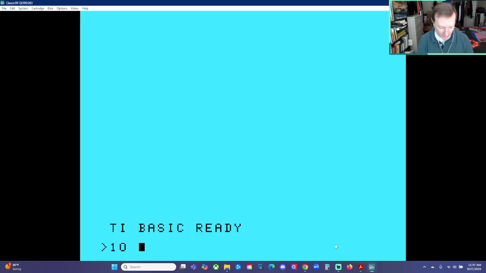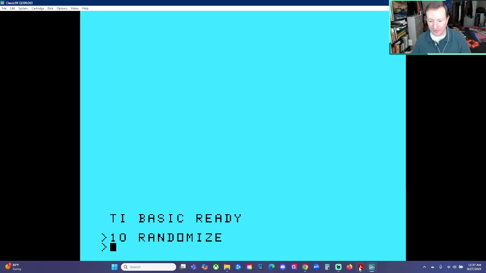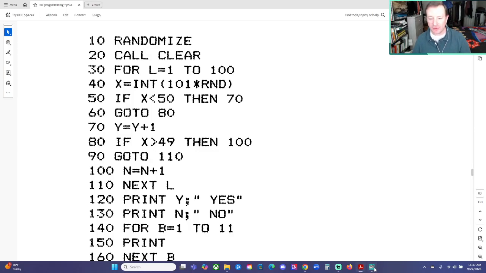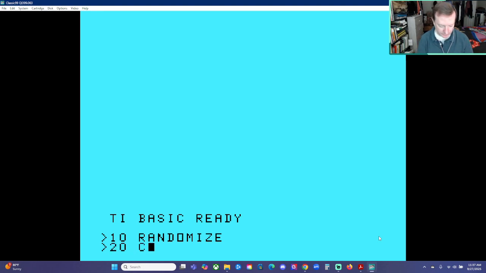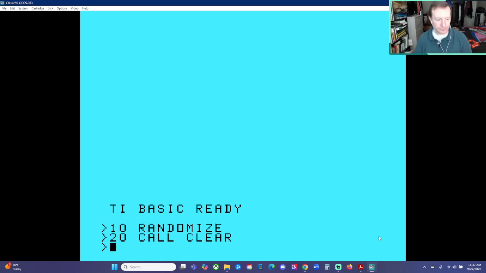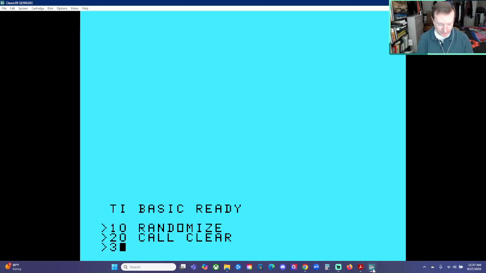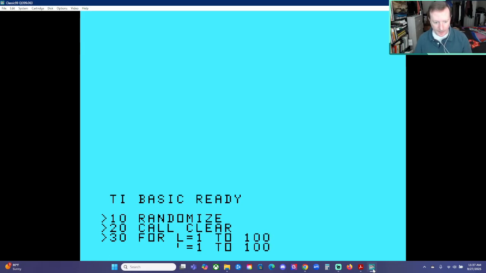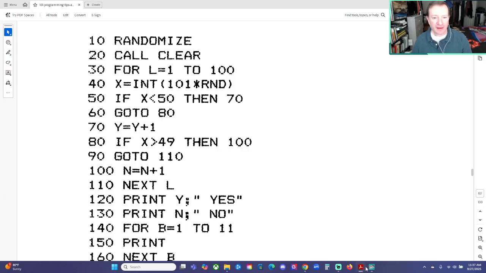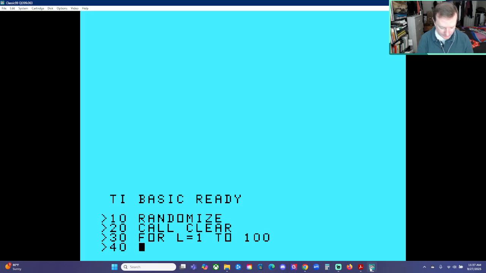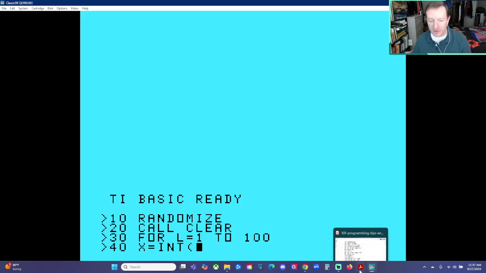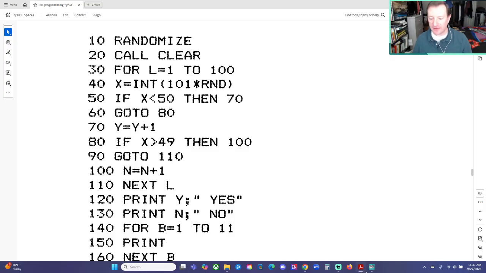Okay, 10, RANDOMIZE. This ensures we get a new run every time. 20, CALL CLEAR. 30, FOR L equals 1 to 100. 40, X equals INT of 101 times RND.